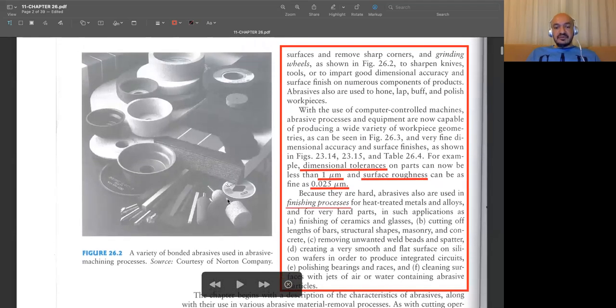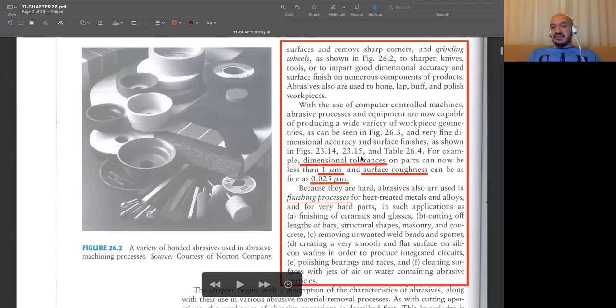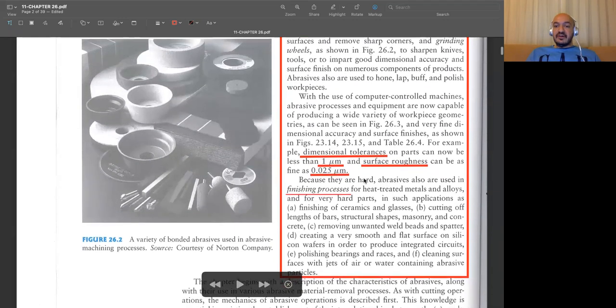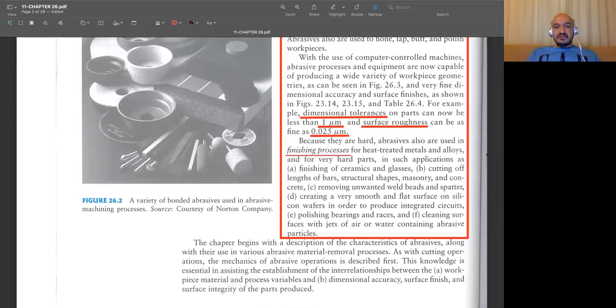They can all be used for abrasive machining, and with their help, we can have dimensional tolerances maybe less than 1 micrometer, and surface roughness values even less than 25 nanometers. These processes are mostly called finishing processes, since our aim is to improve dimensional accuracy. We are not removing too much material, we are removing less material, and trying to make our surface qualities better.